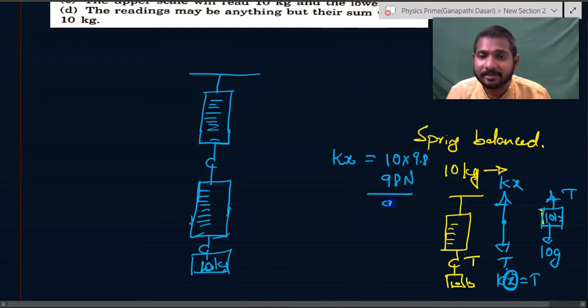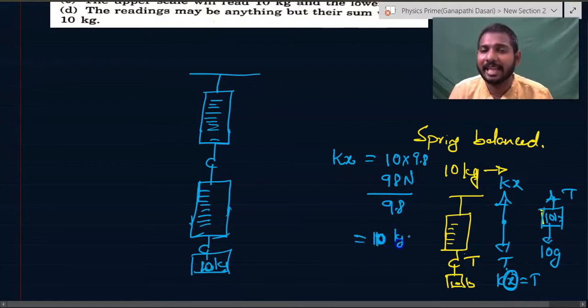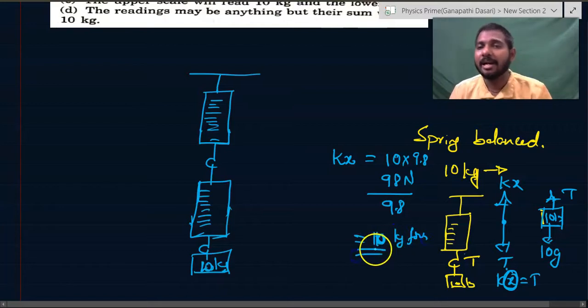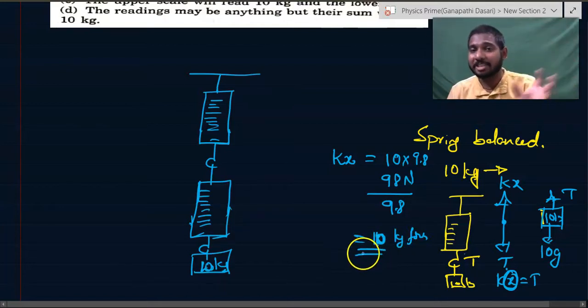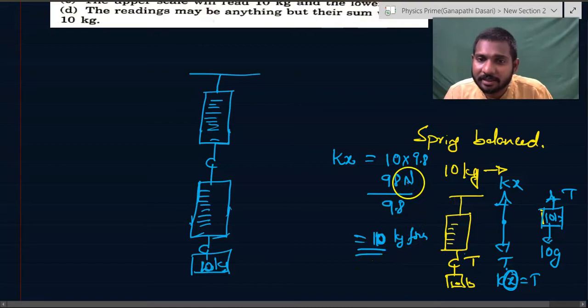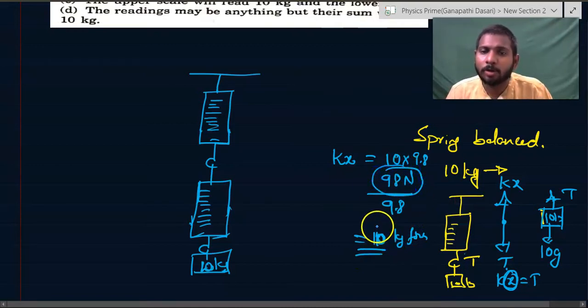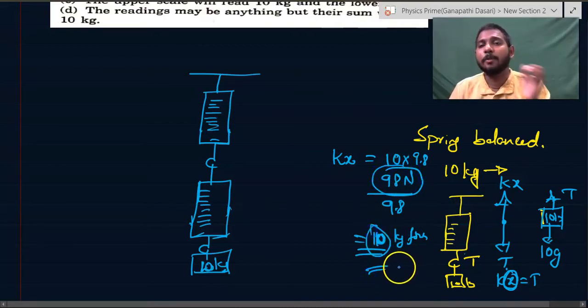Divided by g, that is 9.8. So the answer is given as 10 kg force, but actually what it is measuring is the 10g weight. It is calibrated by dividing by g. Like this, for 98 newtons, it will show 10 kg force as the spring balance reading.